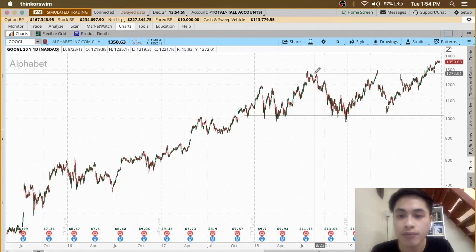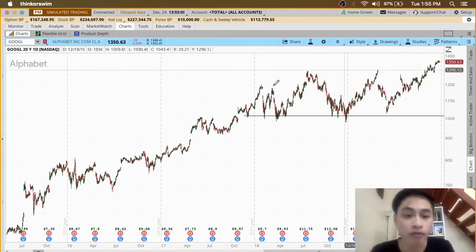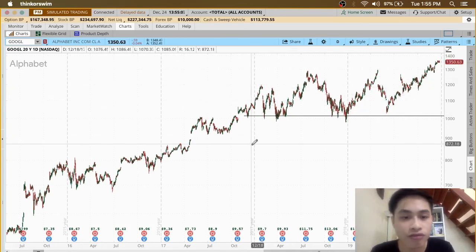Fourth test, it went up. Fifth test, it went up. Sixth test, it went up. Seventh test, it went up. And so on and so forth. So that's the support level. For resistance level for Google, let's take a look.